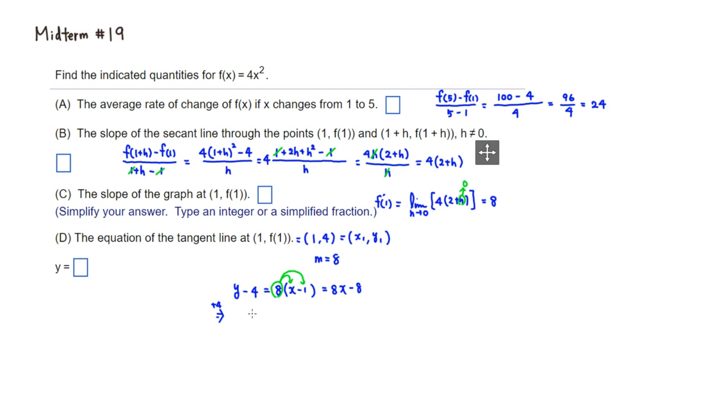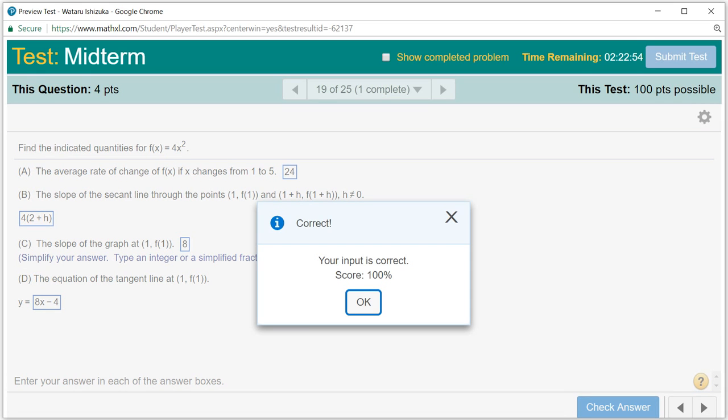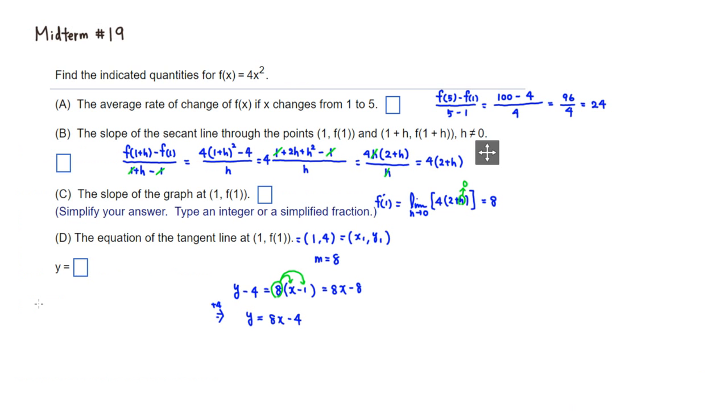So y is equal to 8x, and adding 4 to negative 8 gives negative 4, so you get 8x minus 4. Let's type it in. We got 8 for this answer here, and here we have 8x minus 4. Let's check the answer. We got that. All right, that's it. I hope that this was clear.